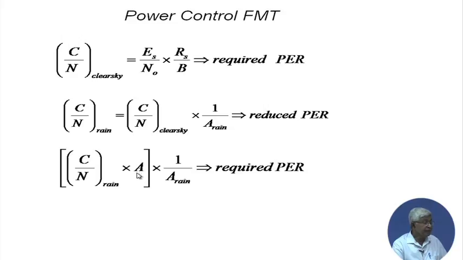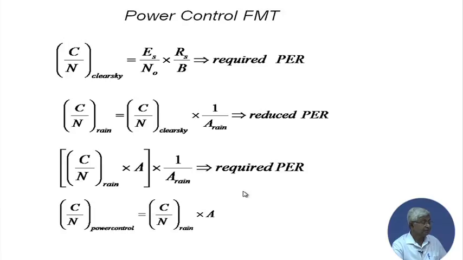So, we have to multiply by A, so that you get back the required PER. C by N during rain multiplied by A means that the attenuation which was happening has to be compensated, C has to be increased by this many dB, A dB. Though it is shown as a ratio, C has to be increased by this much amount.